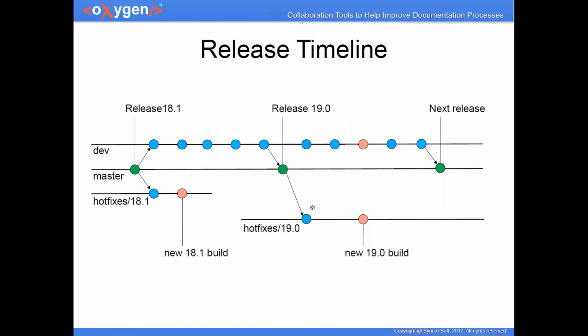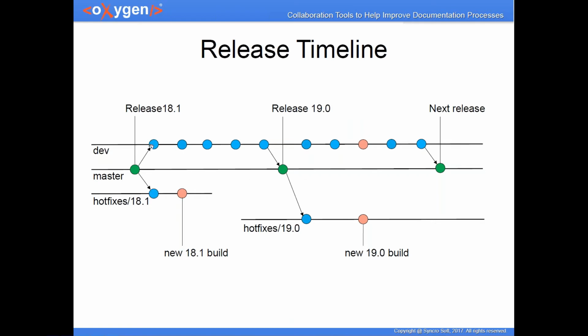So what we do is we create a branch called hotfixes, and at the time of each release, we create a new sub-branch. So the latest one is hotfixes/19.0. At the time of release, the dev branch is merged into this new hotfixes branch, and they're identical.